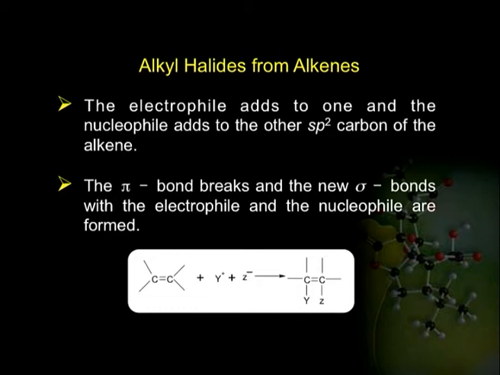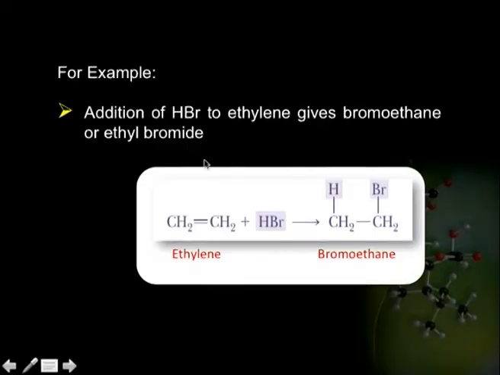In the first step the pi bond breaks and new sigma bonds with the electrophile and the nucleophile are formed. So, both the ions are attached to the alkene and we get the formation of alkyl halide.